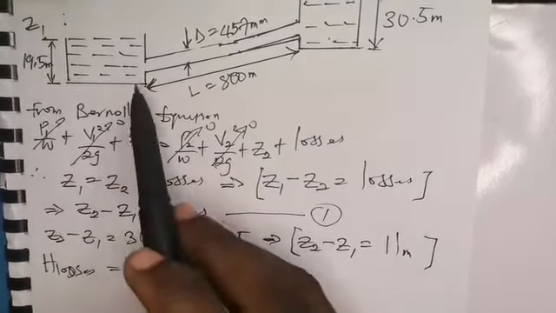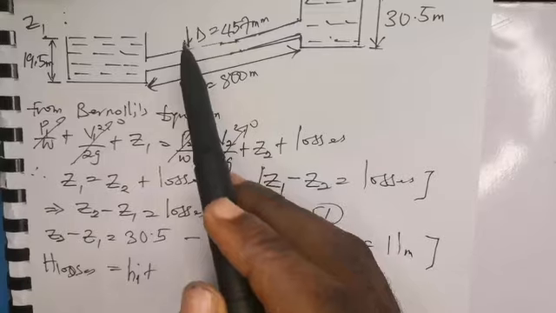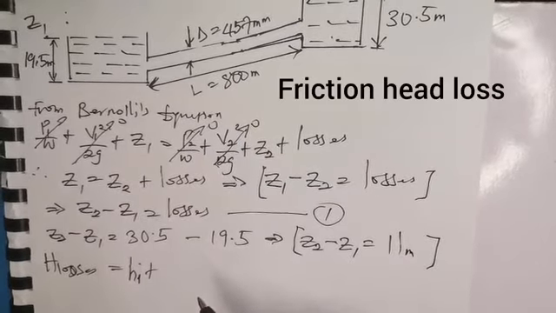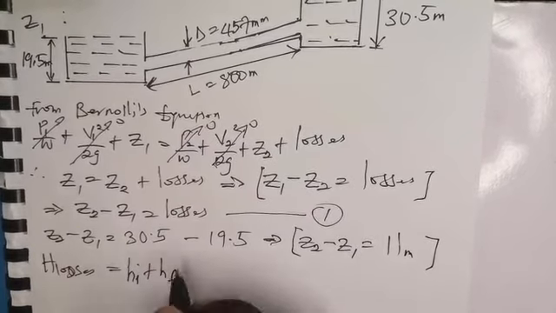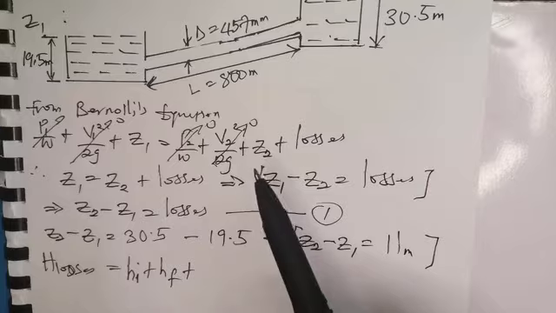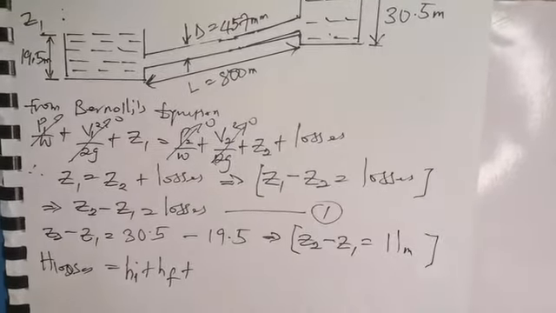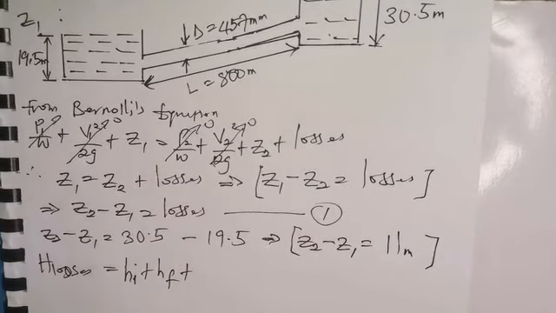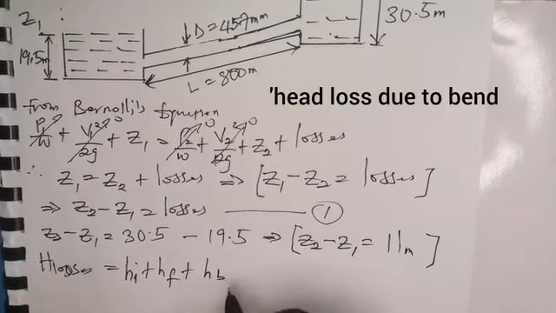Plus, now the fluid keeps flowing through the pipe. There's a contact between the pipe wall and the fluid. That gives rise to what is called head loss due to friction. So we have plus head loss due to friction. Plus, again, there is a bend in the pipe. As can be seen, there's a sharp bend. Even in the question, it was indicated that there are two angular bends with coefficient of bend. So we have bend in the pipe. For that reason, we have head loss due to bend.